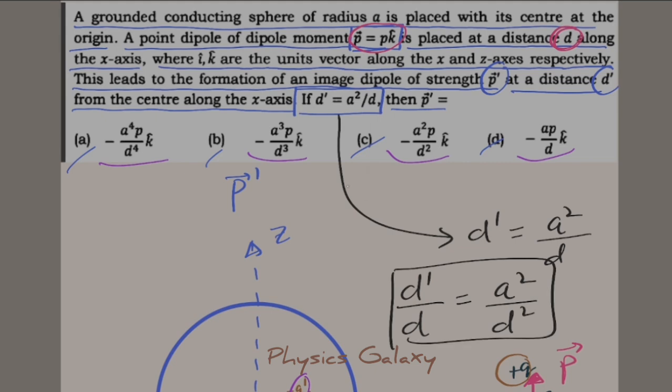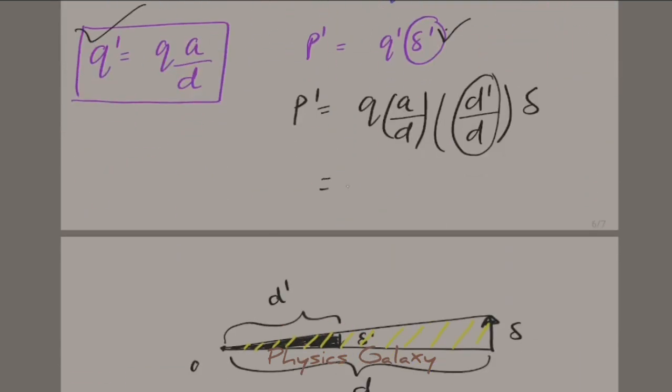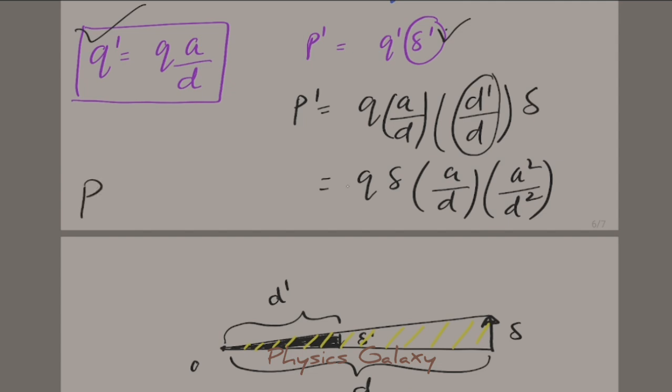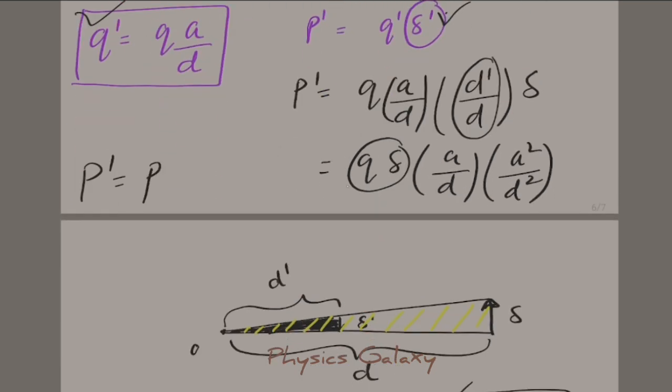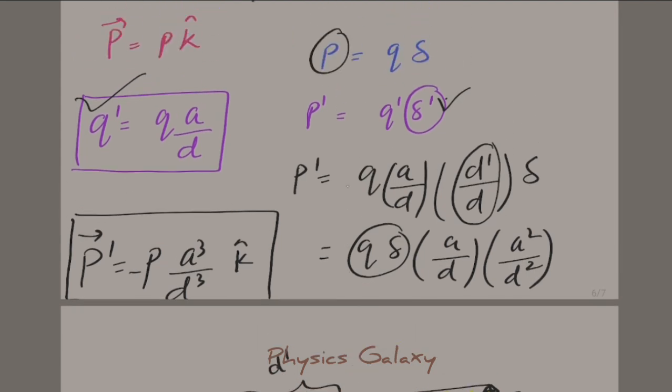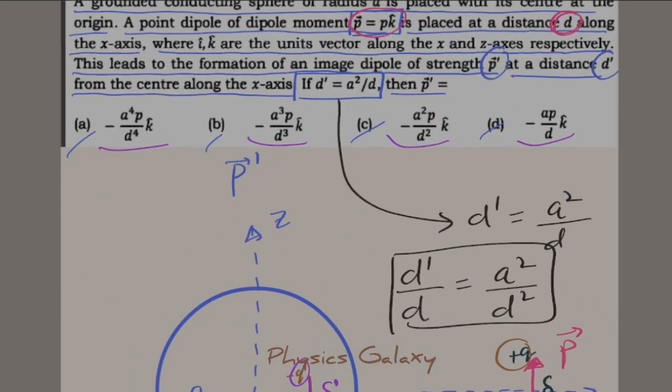Substituting, it will be q times delta times a by d times a square by d square. So p dash, the magnitude of our image dipole, will be simply p times a cube by d cube, and writing the vector, minus k cap. So this is our image dipole, and it will be option number B.